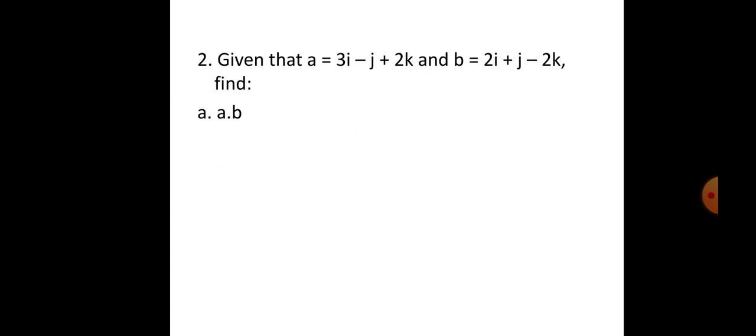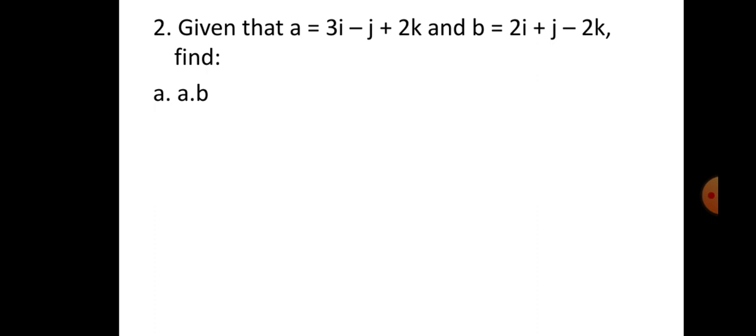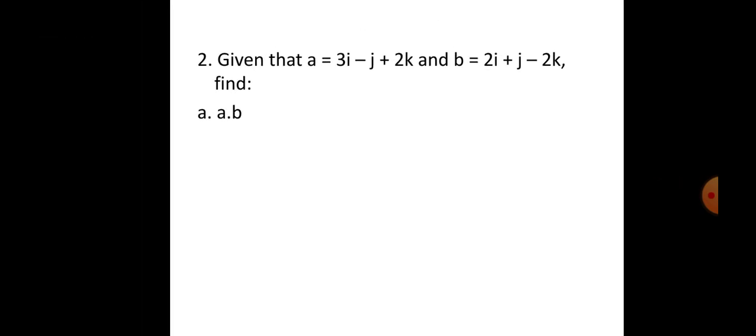Next, question number 2. Given that A is equals to 3i minus j plus 2k and the vector B is equals to 2i plus j minus 2k, find A dot B. Therefore, let's say, so vector A is equals to 3i minus j plus 2k.